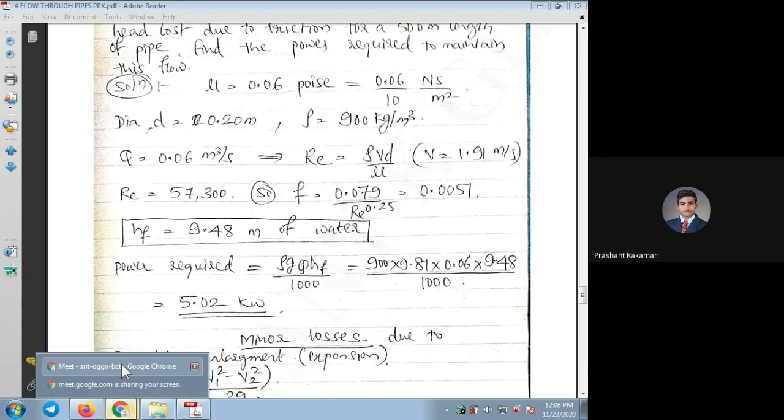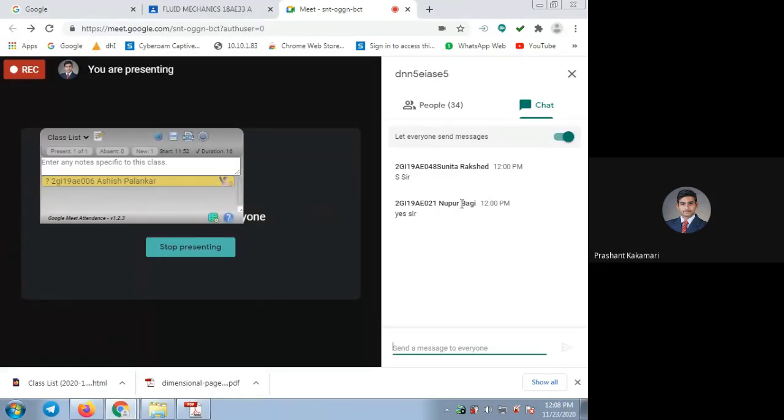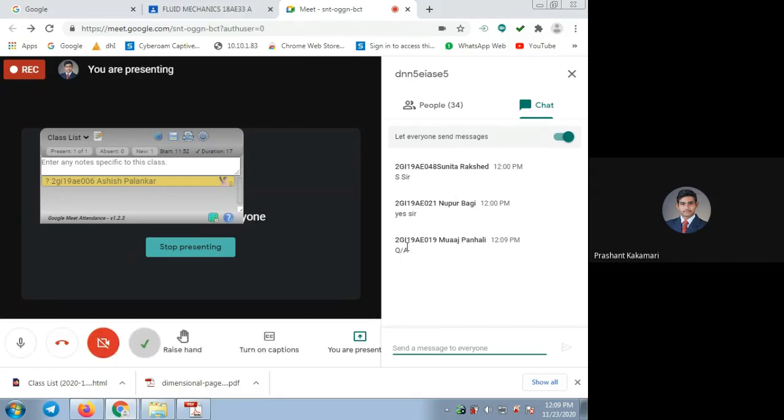You can comment in the chat box or you can unmute and tell me the procedure. How can we find out velocity using the discharge value? Yes, very good. By using V equal to Q by A, or by recollecting the continuity equation, A1 V1 equal to Q1, or discharge equal to area into velocity.